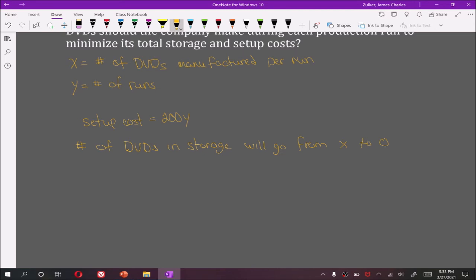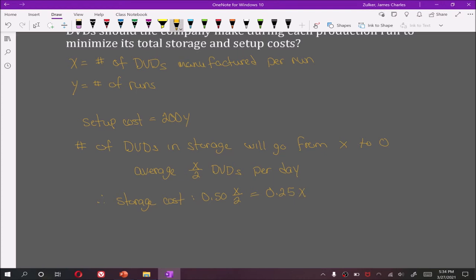As they sell, that will drop down to 0, and then we have our next production run, which brings in another X. Right, this averages X over 2 DVDs in storage per day. Therefore, the storage cost is 50 cents times X over 2, which is 0.25 times X.